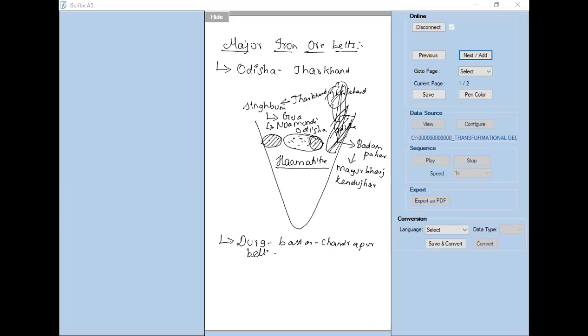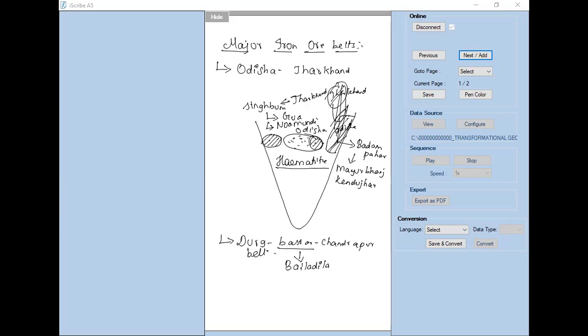Here also we are having high grade hematite ores. If you see the Bastar district, in Bastar we are having the hills called Bailadila range of hills. In which district? Bastar district. In which state? Chhattisgarh.